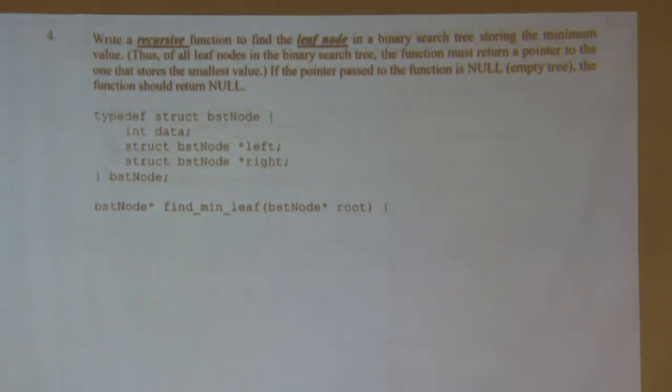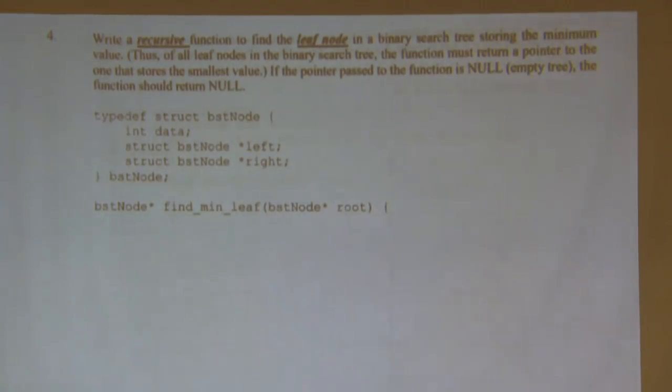And so one of the goals here is that we need to figure out whether or not the thing that we're currently looking at is a leaf node, right? Because that's part of the problem. And then if the pointer passed to the function is null, the function should return null. And then it just gives us a struct and a function definition, and we just got to go at it.